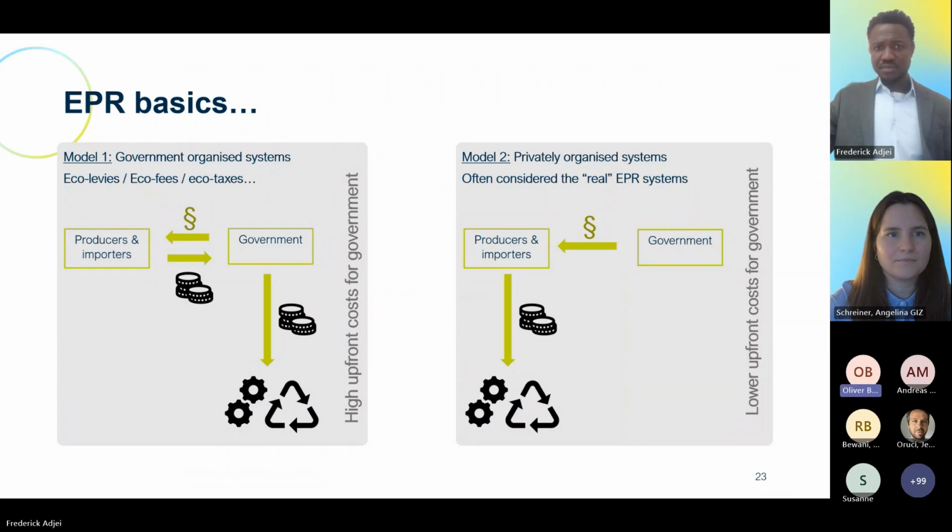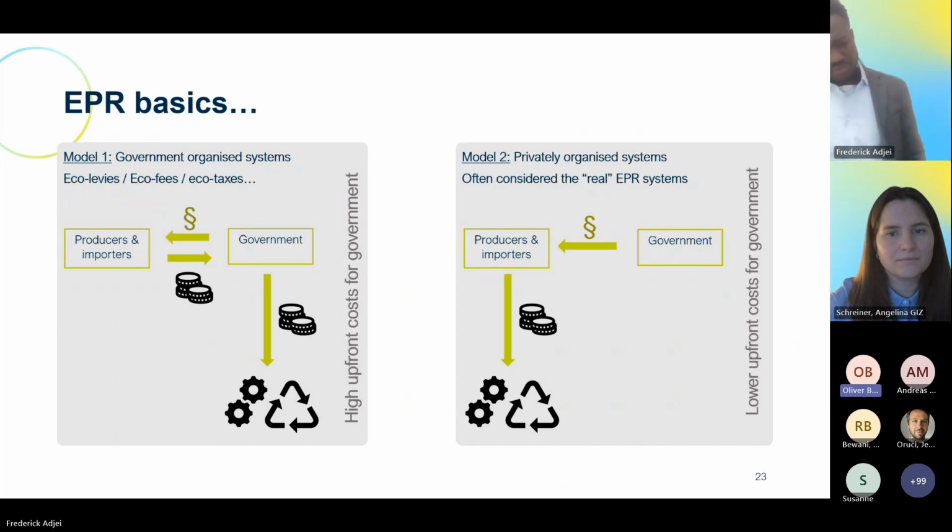And so if we combine these fees and the fund together with a network of PROs, and so this network of PROs becomes an umbrella organization.